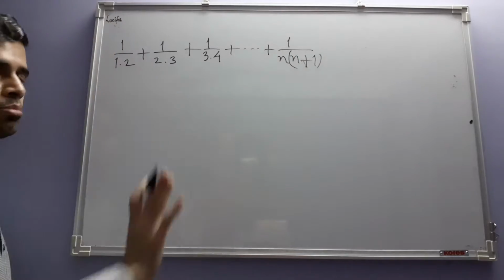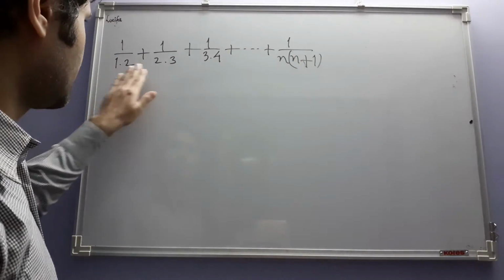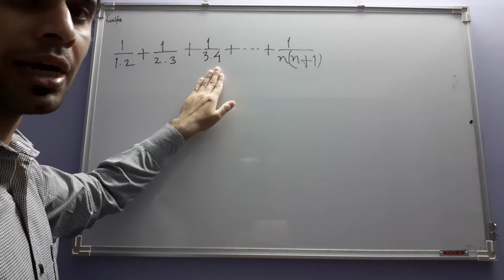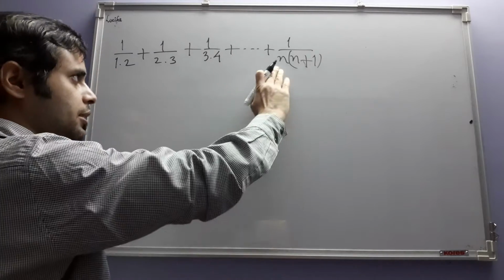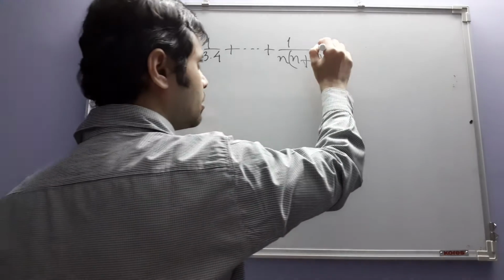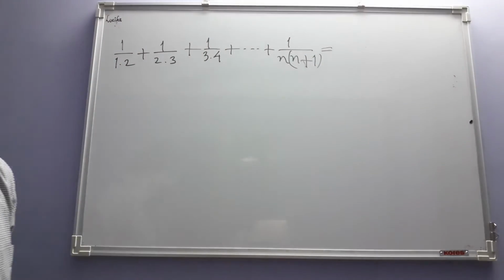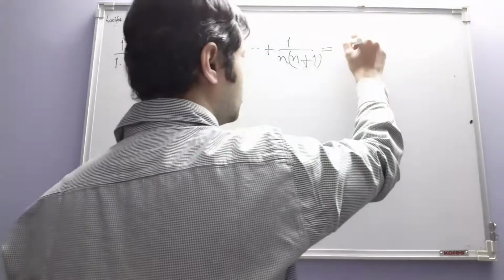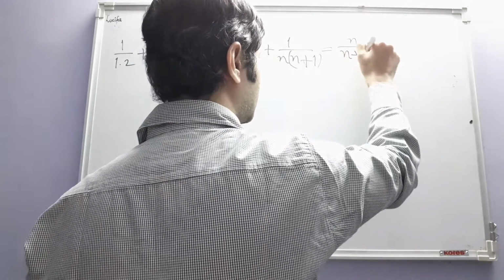This is not 1.2, 2.3, okay. These are products, multiplication of two numbers, just like what we have here. And this has to be shown equal to n divided by n plus 1.